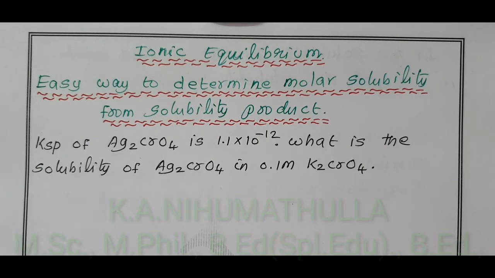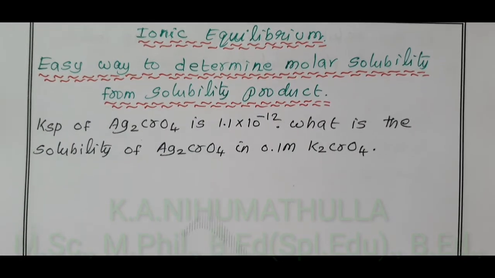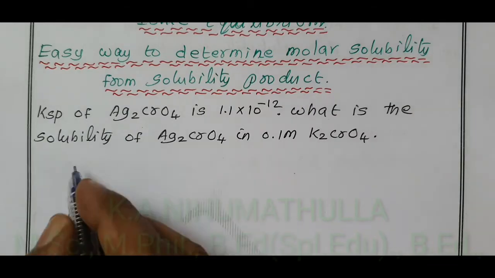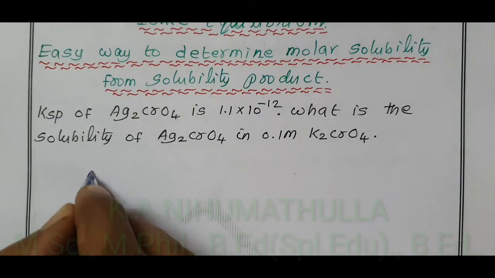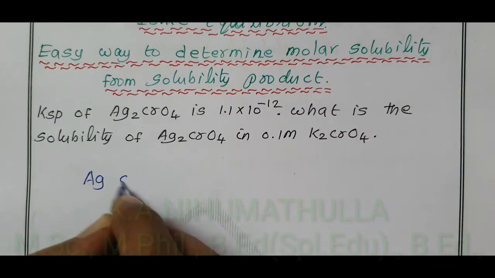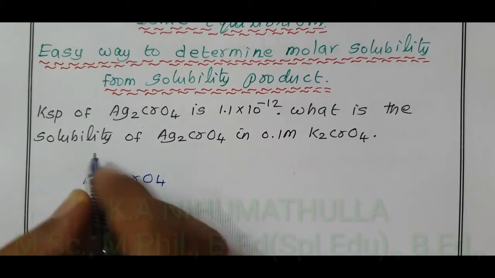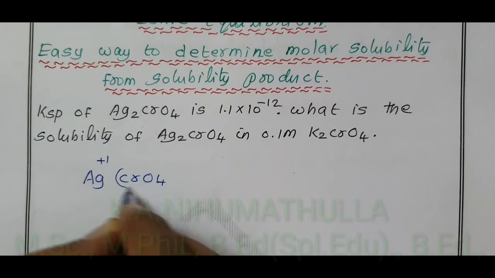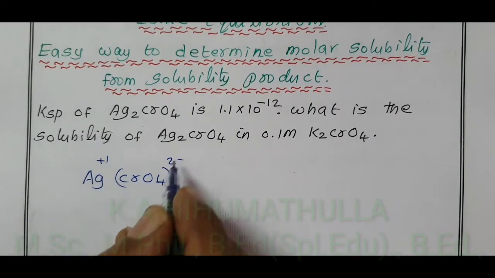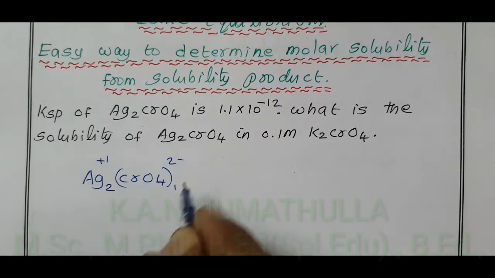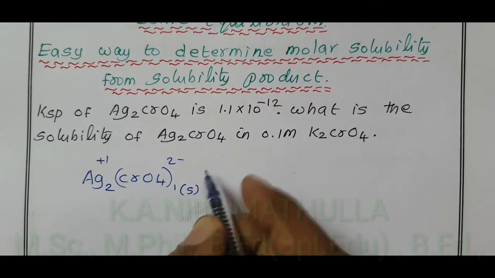Now I write the equation for the compound to which the solubility product value is given. Silver chromate, Ag2CrO4. Silver is a monopositive ion, chromate is a 2 minus ion, that 2 is here, this one is there, in solid.